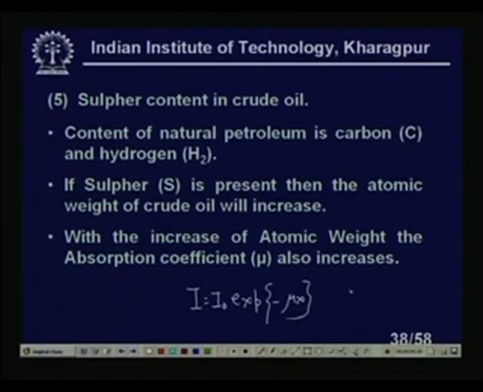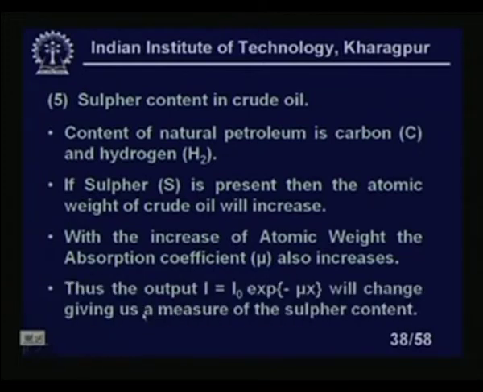If mu increases, I will be different, so by this I can measure the sulfur. Thus, the output I equals I naught exponential minus mu x will change, giving us a measure of the sulfur content in the crude oil.